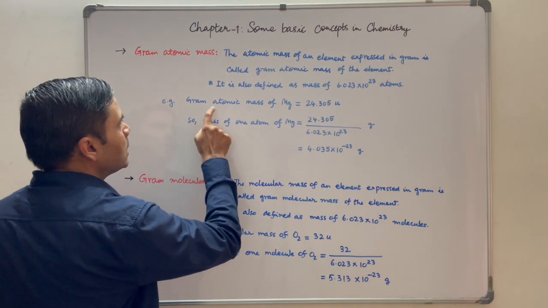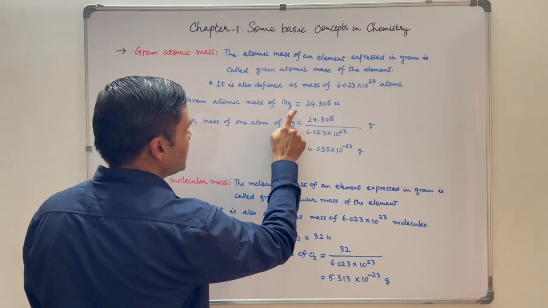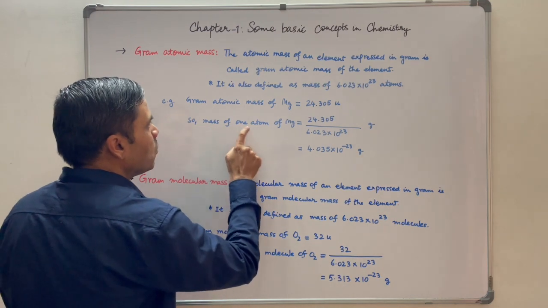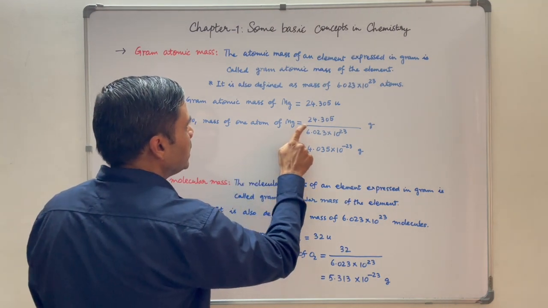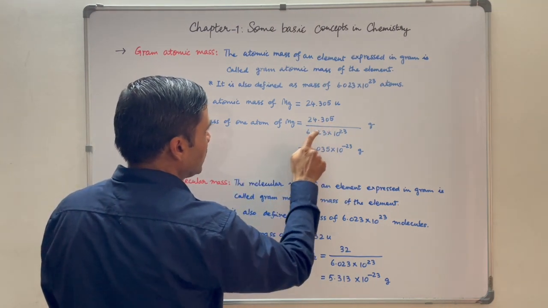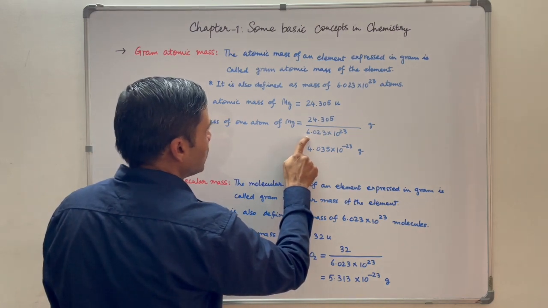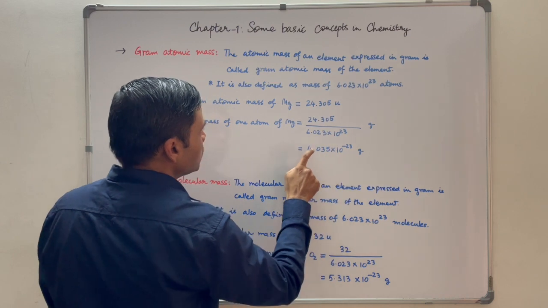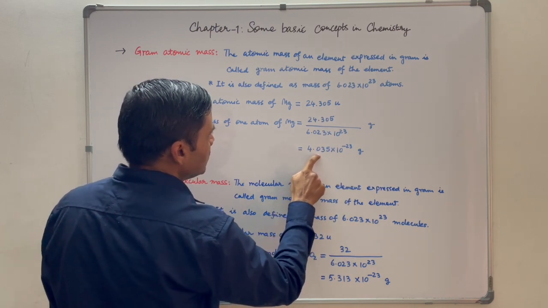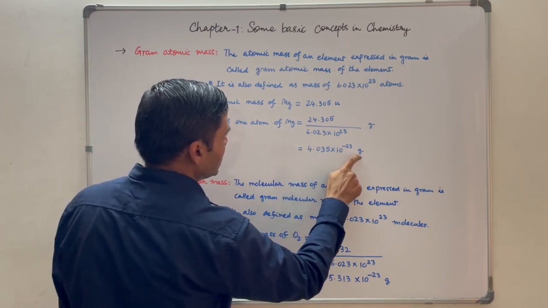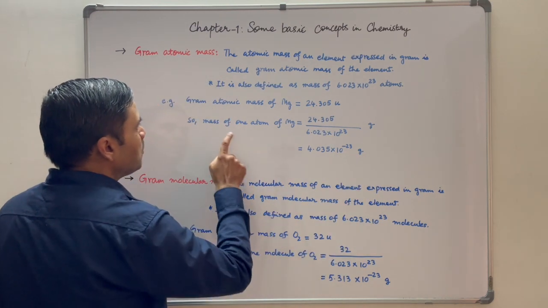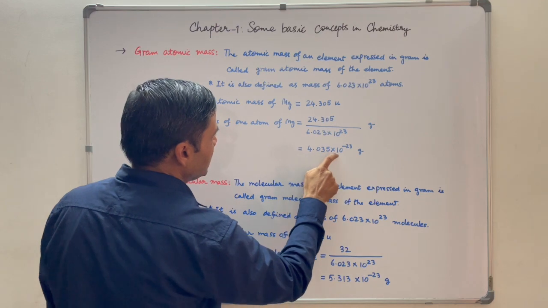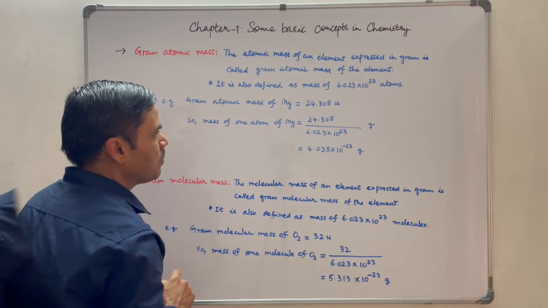For example, the atomic mass of magnesium is 24.305 U. So the mass of one atom of magnesium will be 24.305 divided by the Avogadro constant, 6.023 into 10 to power 23. The result will be 4.035 into 10 to power minus 23 gram. It means the mass of one atom of magnesium will be 4.035 into 10 to power minus 23 gram.